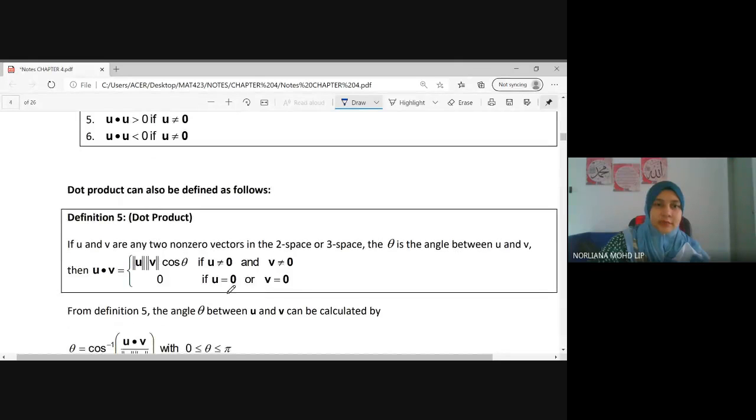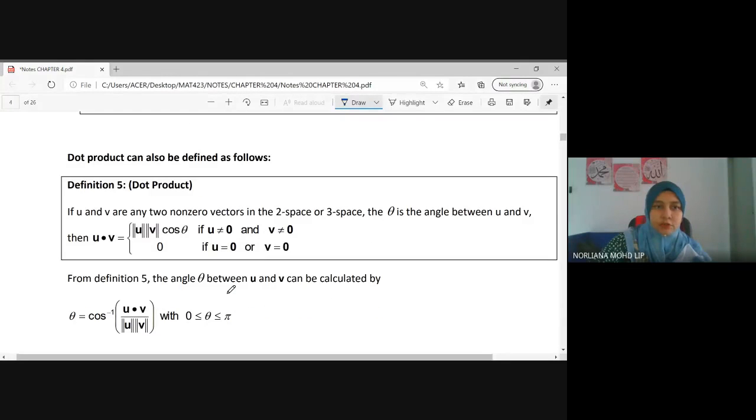Okay, this is a mention of an application of the dot product. We can find the angle of the vector, or we can determine the types of angle. First, we look at how to find the angle of these two vectors using dot product.